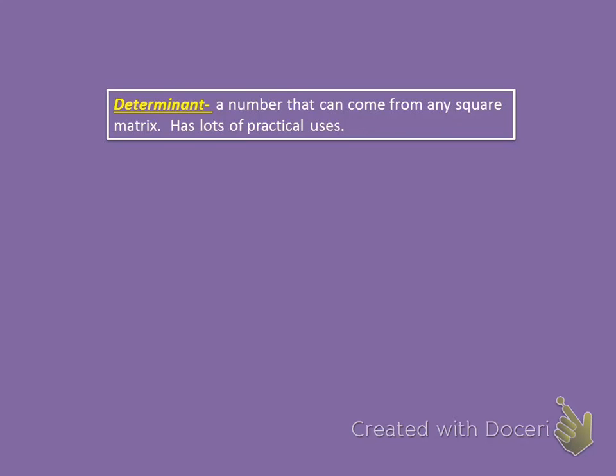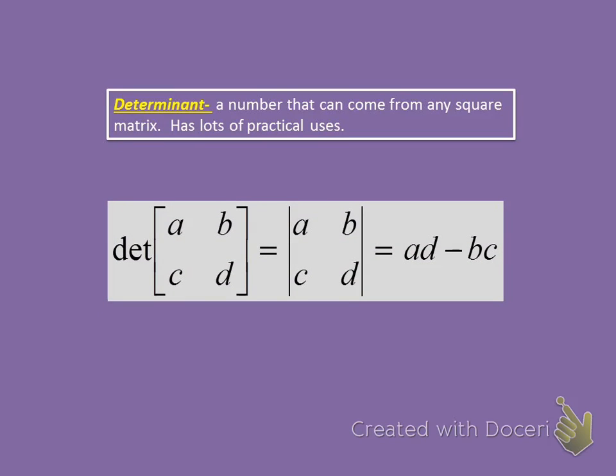For the 2 by 2 though, you have a formula for it. It looks like this. Now, the notation to this can sometimes be confusing. You have your regular 2 by 2 matrix, matrix A, with elements A, B, C, D. Whenever you need to take the determinant of it, and we'll learn what that is in a little bit, it can be presented to you in two ways.